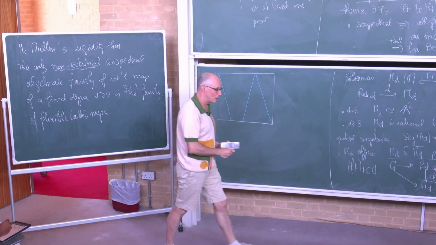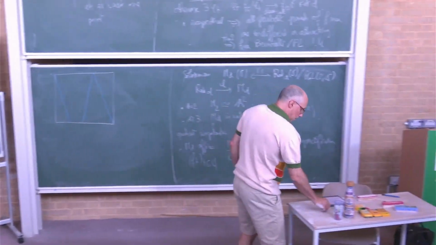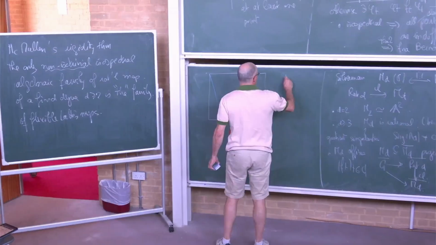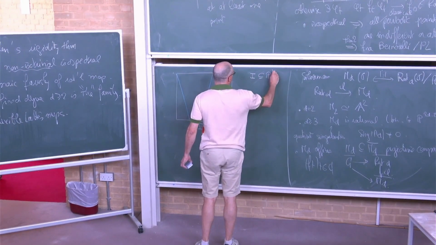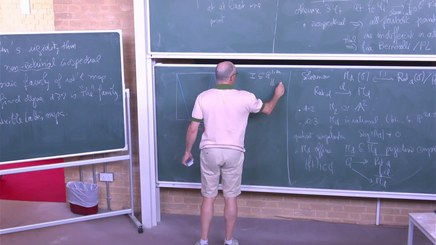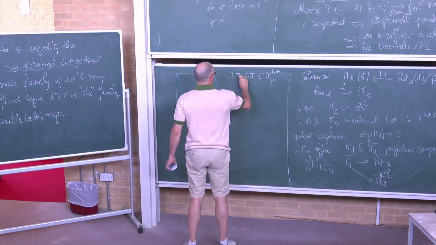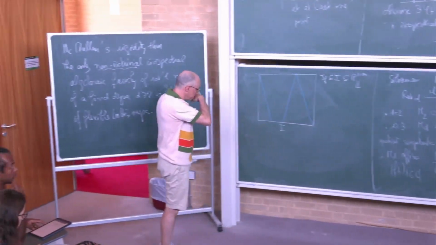This is a segment inside the Berkovich space, and that contains the Julia set of my map.